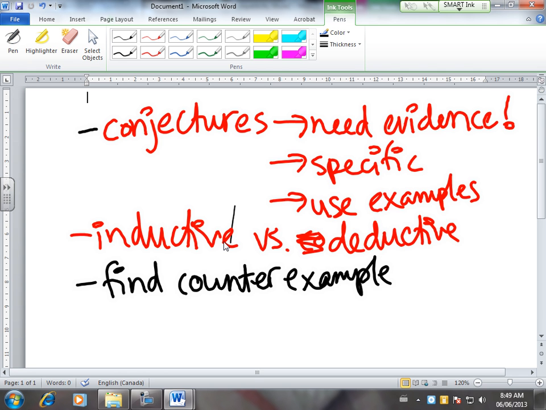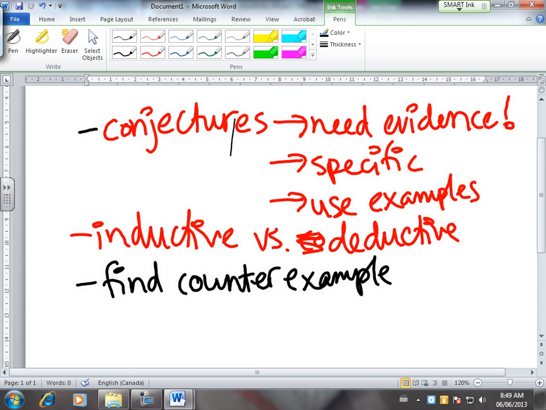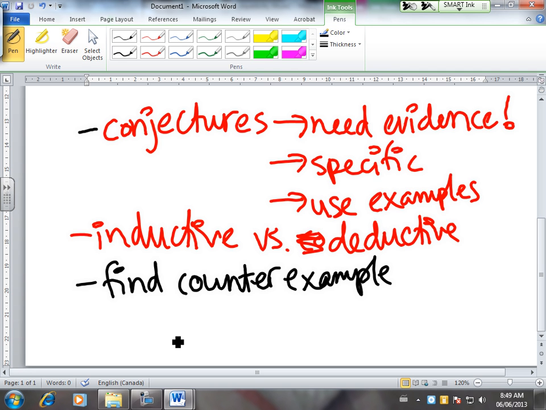Okay, because we're not trying to prove our conjecture, we're trying to disprove our conjecture. And when you're using the counterexample, you only need one. So if you're doing like example 3 in the 1.3 notes, consider the difference between consecutive perfect square numbers, you just need to find one that doesn't work, and then you're done. Okay, you don't have to keep finding more unless I say find 2 counterexamples.